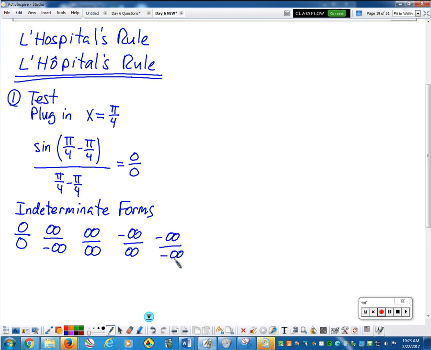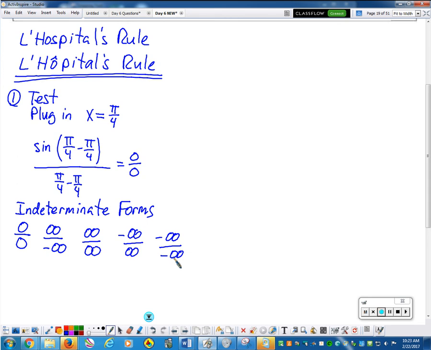So it's either 0 over 0 or infinity divided by infinity, where the signs don't matter. If you get one of those cases, the test passes, which is good news. It means L'Hopital's rule will work, or at least may work.